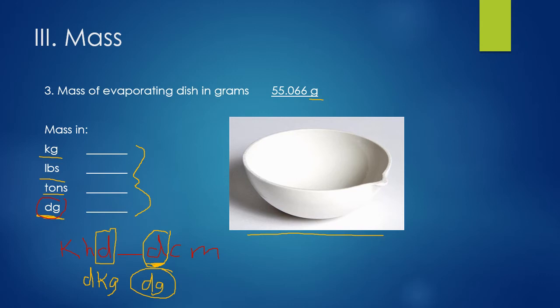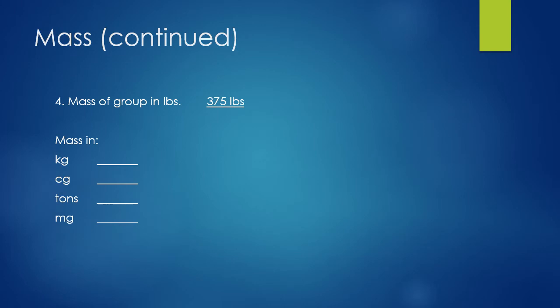Let's look at the next example. The next example asks you to take the mass of your group in pounds. Usually we do this experiment in person in groups of 3 or 4, so you would estimate the mass of your entire group.